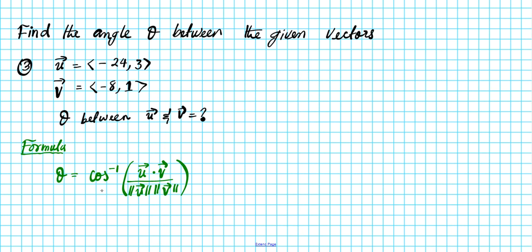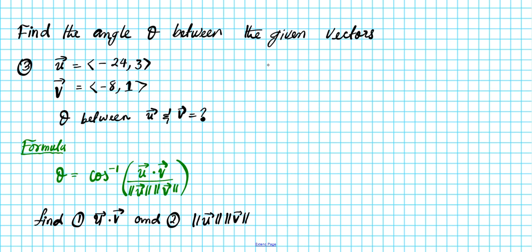So as you can see, this formula is pretty complex. It has multiple components to it. In order to find the angle between two vectors, we have to find the dot product, and we have to find the product of the magnitudes of the individual vectors. So let's write this down. We need to find 1, the dot product, u dot v, and 2, the product of the magnitudes of the two vectors, and then we'll plug it into this formula and we're good to go.